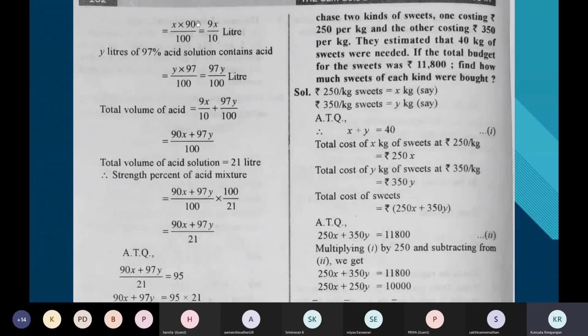You can leave this as 90x by 100 and this one as 97y by 100. When you add both quantities of acid, 90x by 100 plus 97y by 100 is equal to the acid in 21 liters, where 95% is acid, so 95 by 100 into 21.